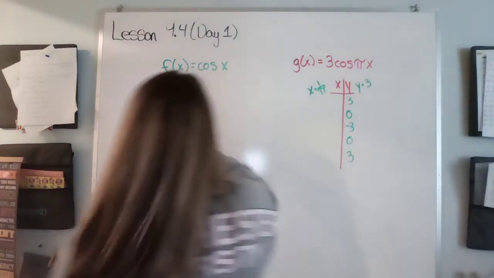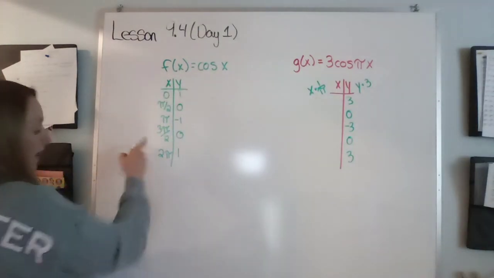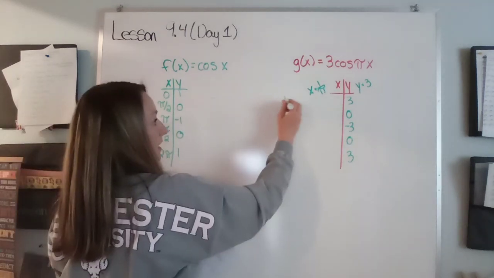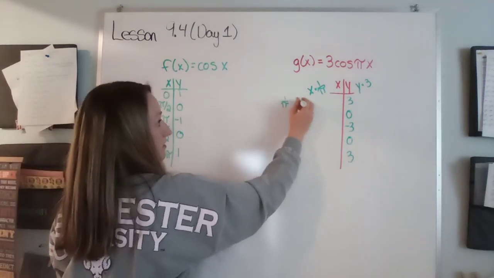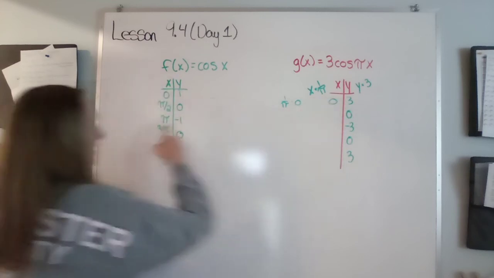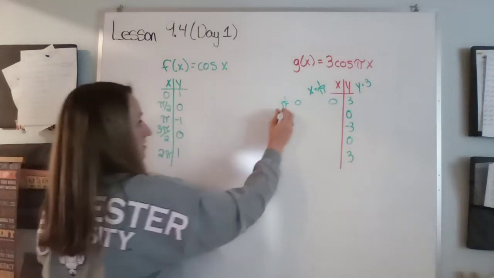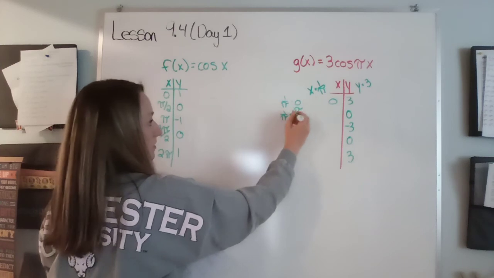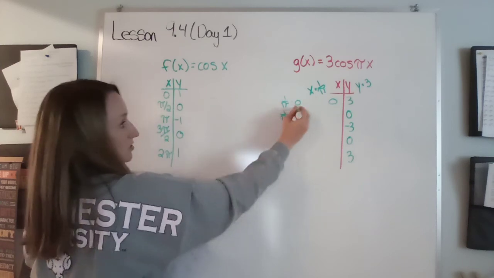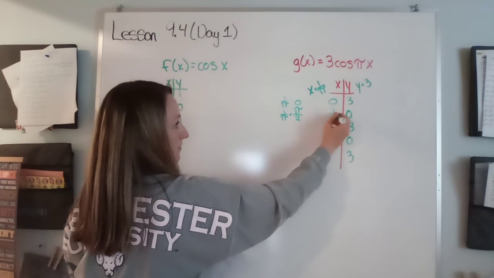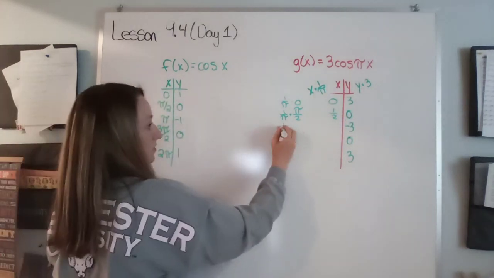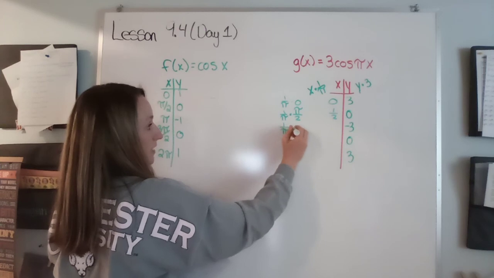Now I'm going to multiply all of these by 1 over pi. And if you want to do your work off to the side, you can. But 1 over pi times 0 is still just 0. Then 1 over pi times pi over 2. The pi's cancel, so it's just 1/2. Then 1 over pi times pi.